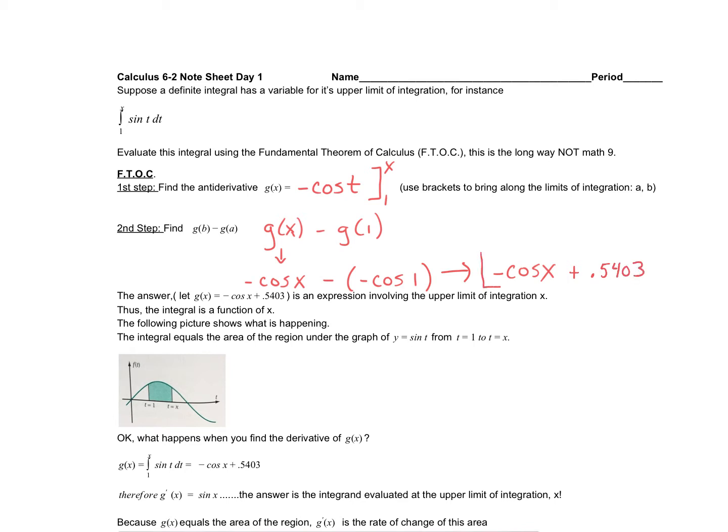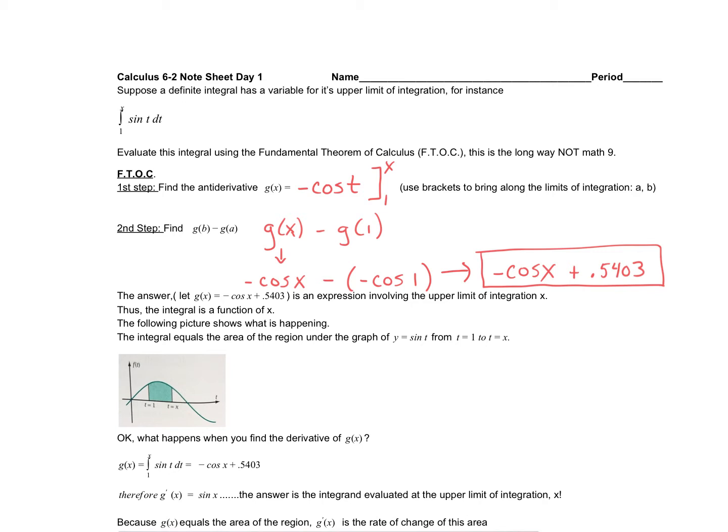That is the answer to our definite integral. Now, because one of our limits of integration, specifically our right endpoint, is a variable, we have an expression here instead of an actual number for area. So that's what this says here. The answer, negative cosine of x plus 0.5403, is an expression involving the upper limit of integration x. Therefore the integral is a function of x.